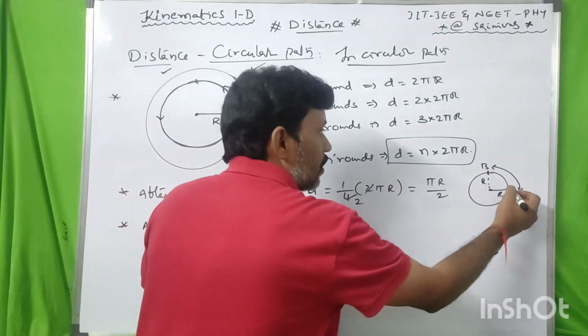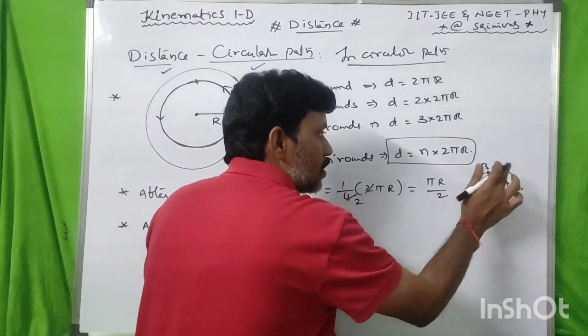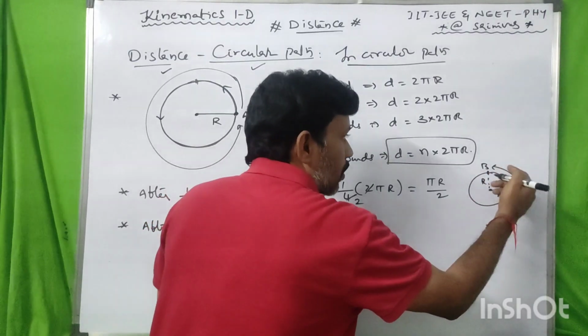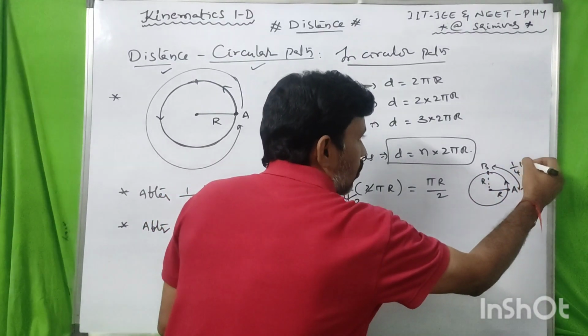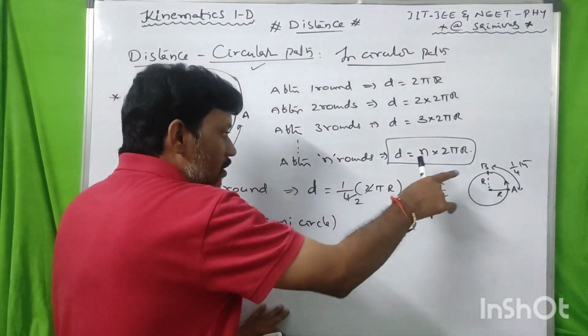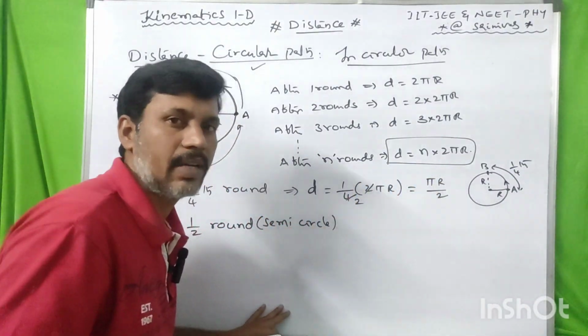If it completes 1 by 4th round, particle starts from A and reaches B. That means it is the 1 by 4th part of circumference. That's why at that time distance is equal to pi r by 2.